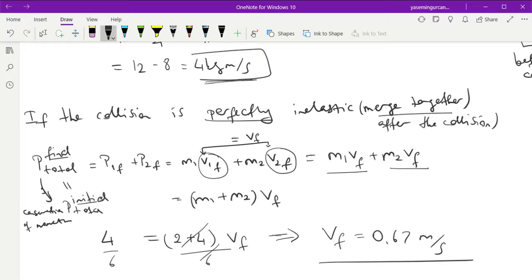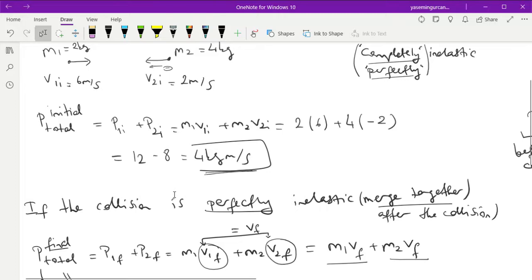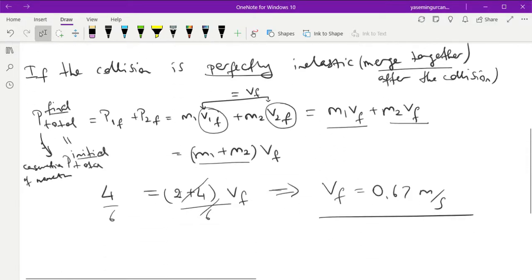So I put these two masses into parentheses. Because your objects merged together, they're behaving like a total mass of these two objects as one. So it's 2 plus 4, because m1 was 2 and m2 was 4. When they merge together, their total mass is 6 kilogram.